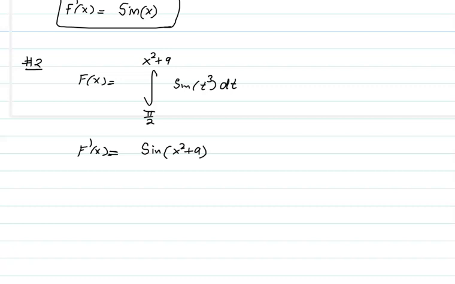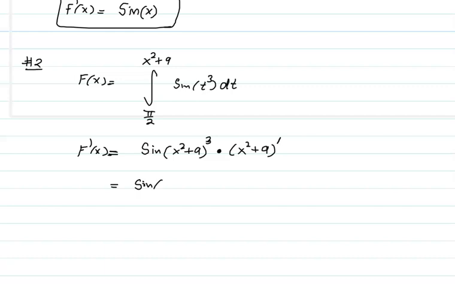Since it was t cubed, it becomes x square plus 9 cubed, times the derivative of the upper bound, which we always write along with it. This is a short way to solve these kinds of problems. So we just replace the variable t with the upper bound and take the derivative of the upper bound along with it.